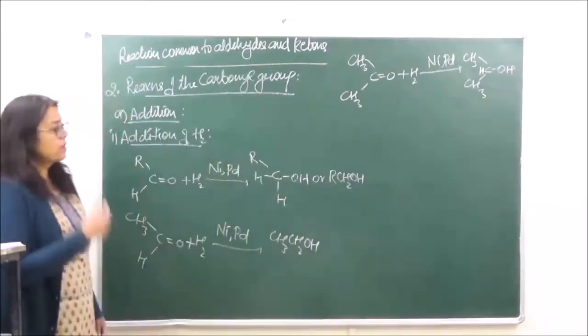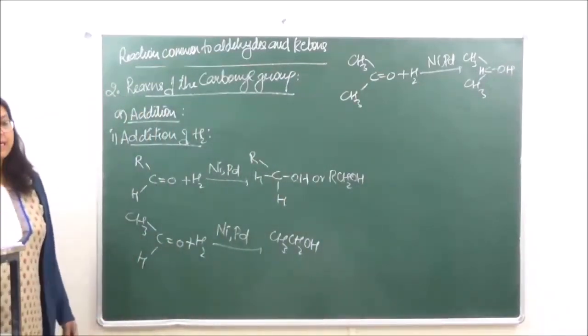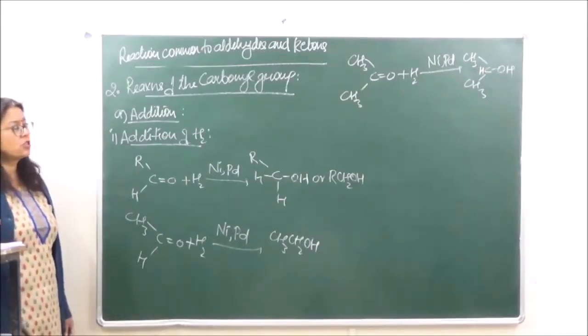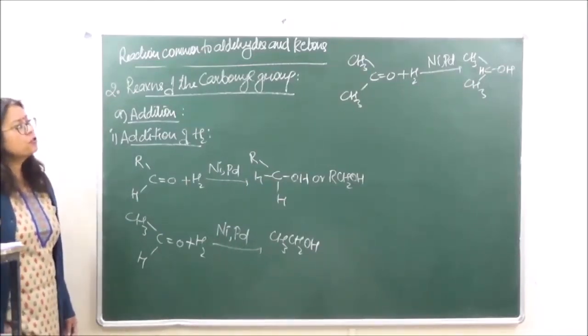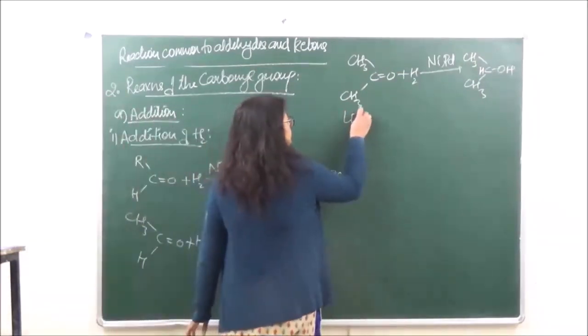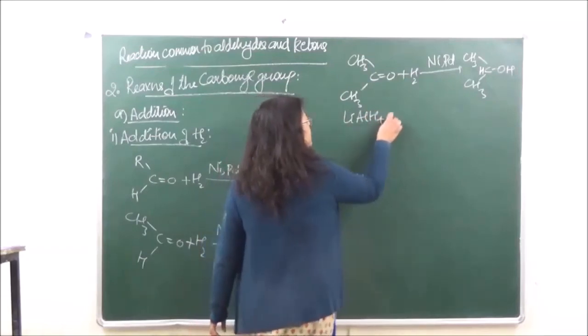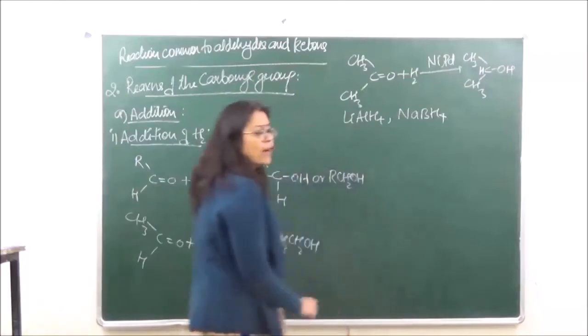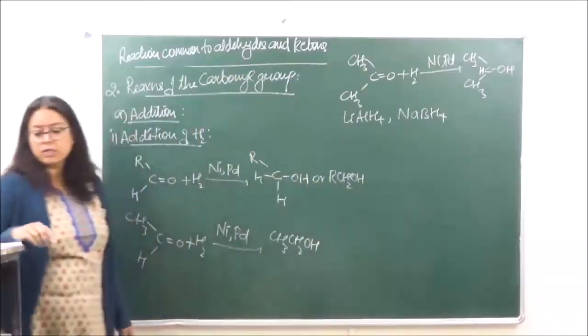So aldehydes are going to give us primary and ketones are going to give us secondary alcohols. We can also use other reducing agents than this. We can use lithium aluminum hydride. We can also use sodium borohydride, which behave as reducing agents.